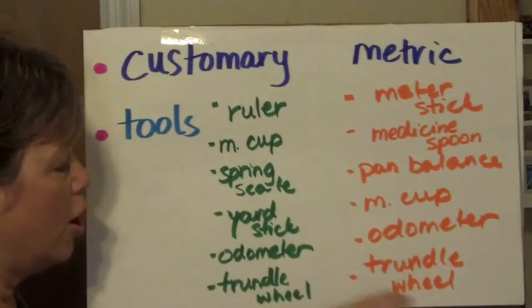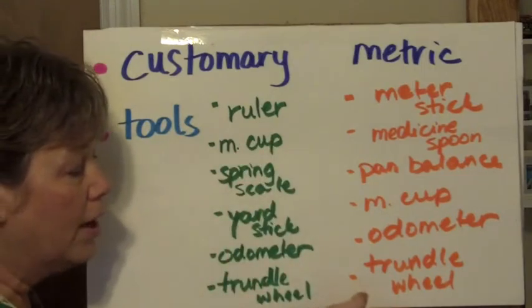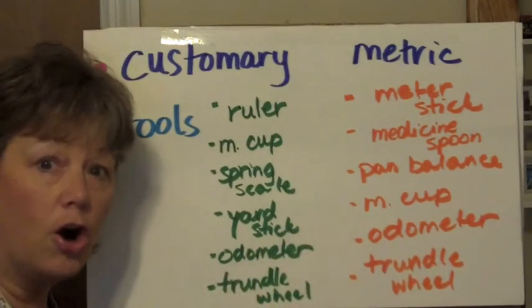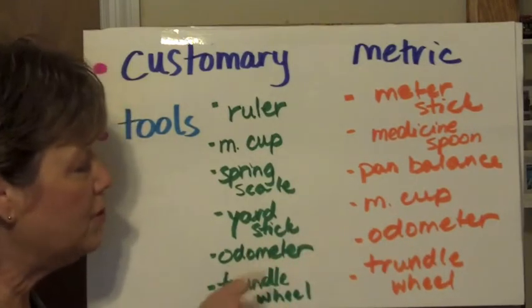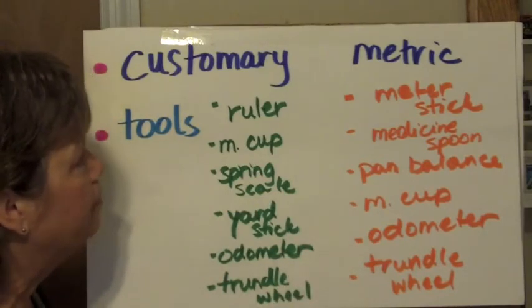So it measures long distance, and it can come in a customary measurement or a metric, as can your odometer in a car. Depends on where your car is, but most of them come in measurements of tenths anyway.